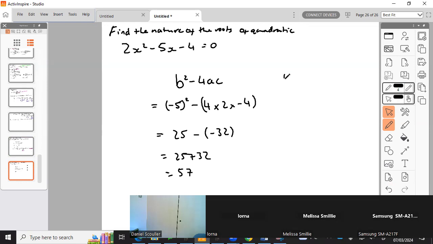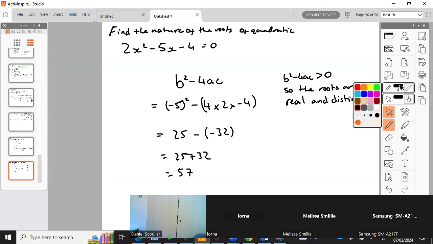Therefore, b squared minus 4ac is greater than 0. So it's positive 57, so the roots are real and distinct. So they exist, and there's two of them. Real means it cuts the x-axis, distinct means it cuts it twice.